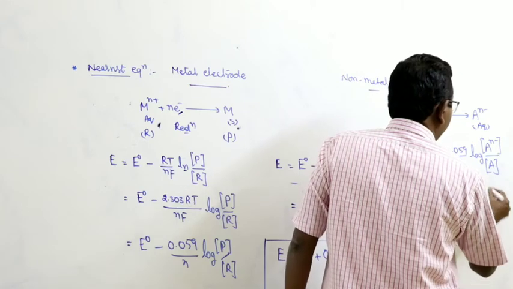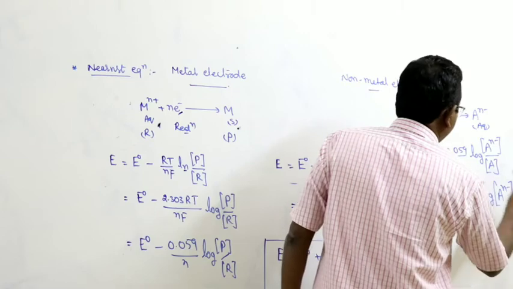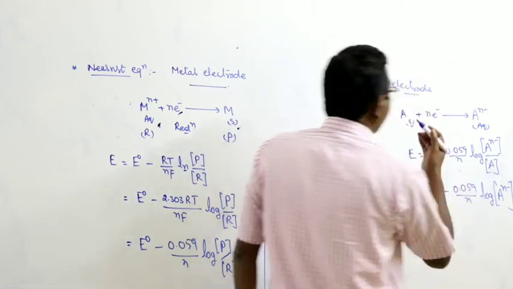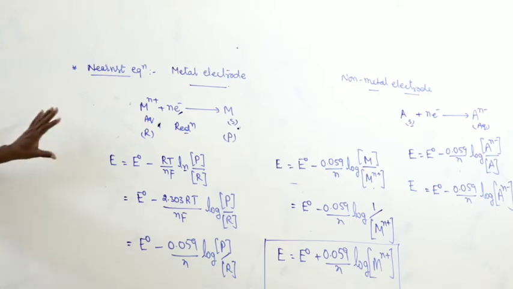So 0.059 by n into log concentration of A^n-. This is for non-metal electrodes.